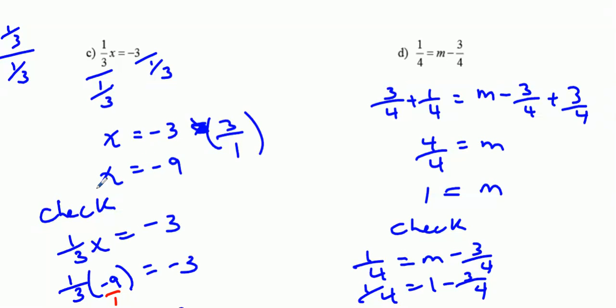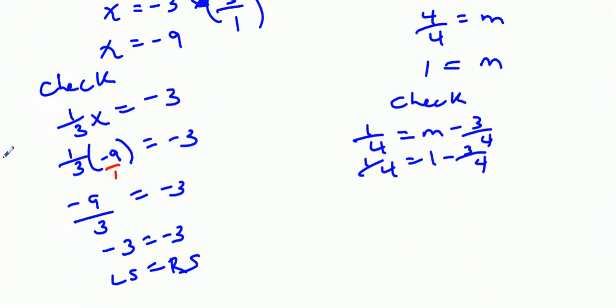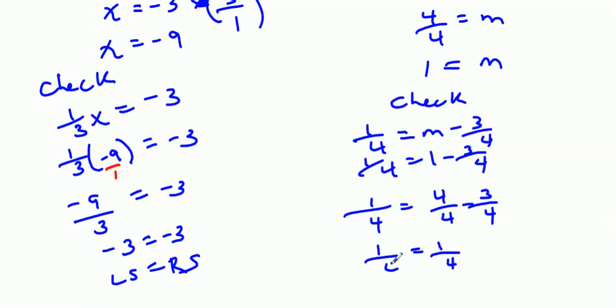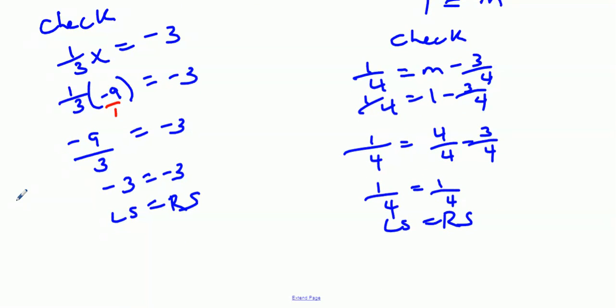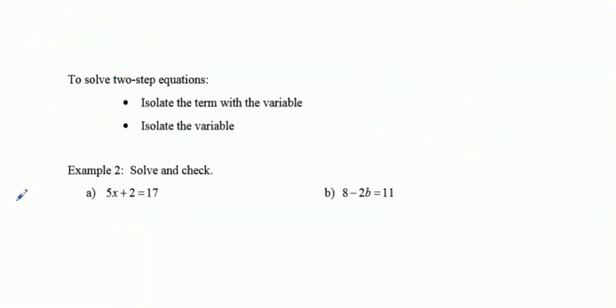Now, if I'm doing this in my head without a calculator, I am going to turn that 1 into a fraction with a denominator of 4, so that's going to be 4/4 minus 3/4, right? And 4/4 minus 3/4 is 1/4. So I know that left side equals right side, and I am correct. M does equal 1. All right, we're cooking here.